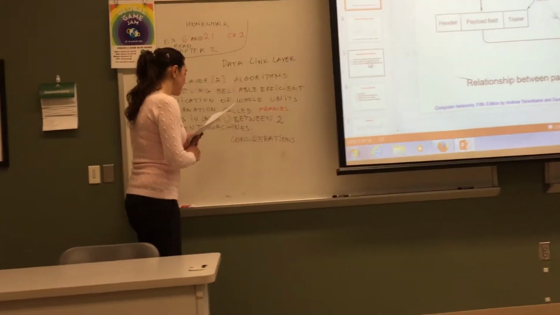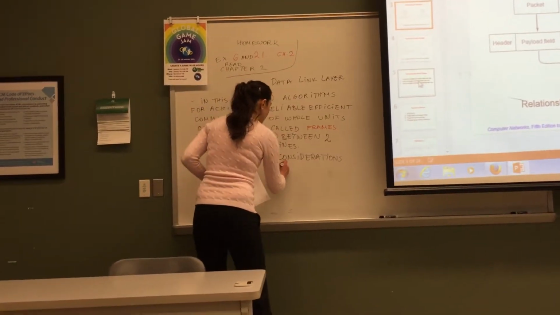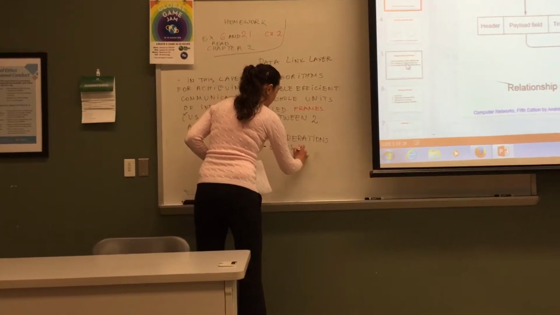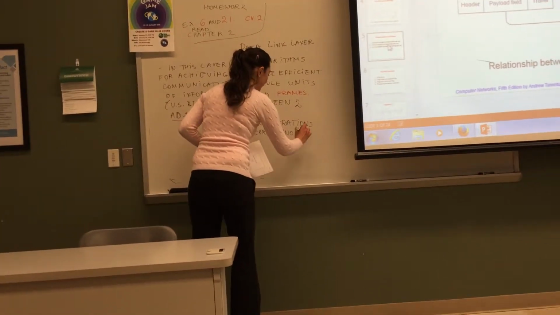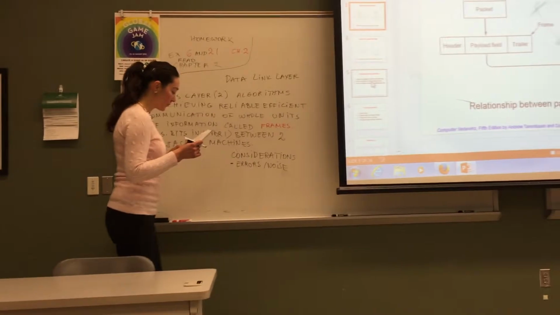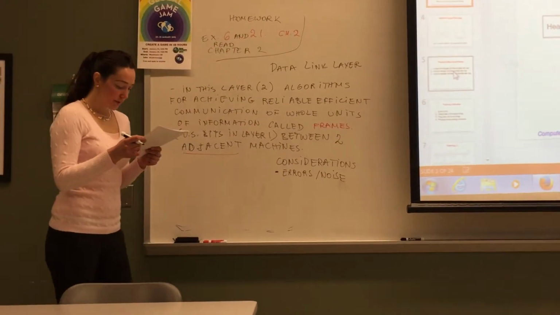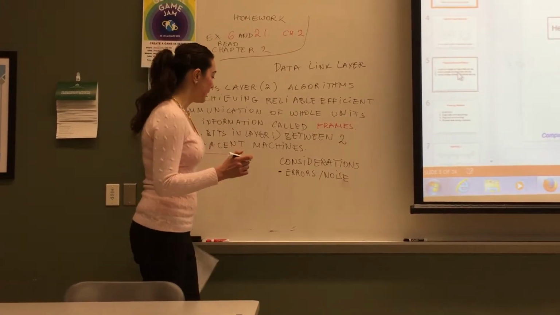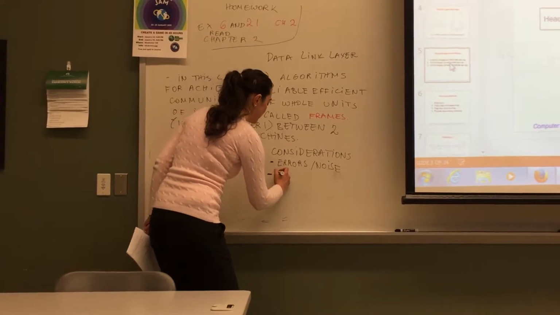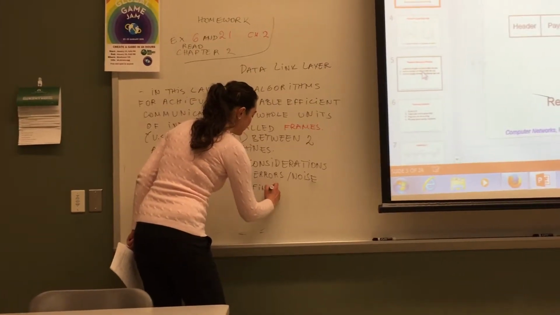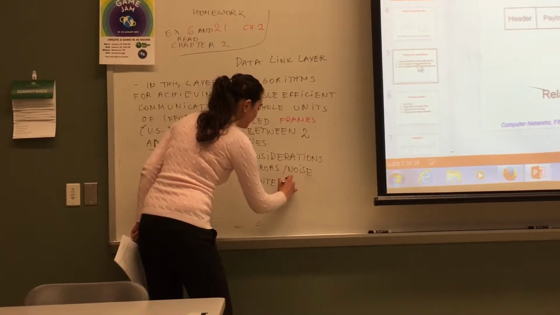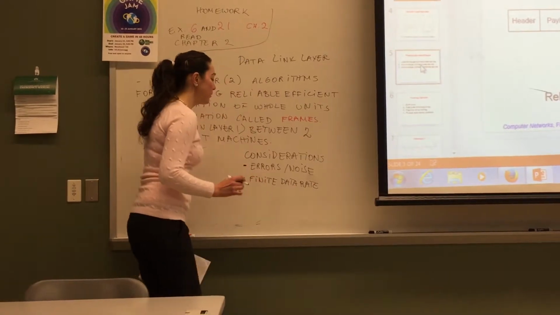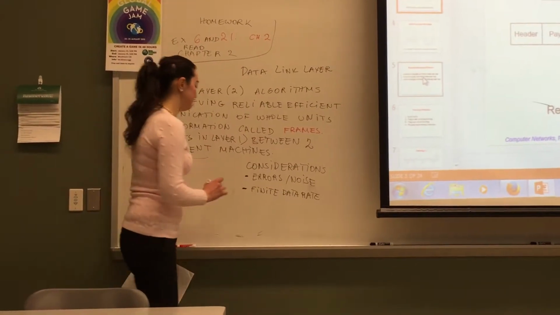So the first consideration here is communication channels make errors because there is noise on the channel. Other things to consider is that we have a limited or finite data rate at which we can send the data, or our bandwidth is limited.